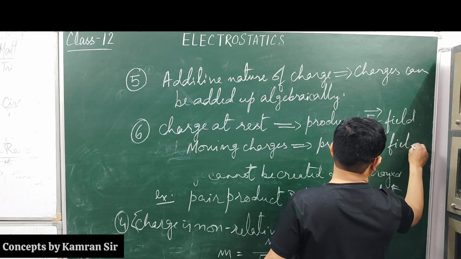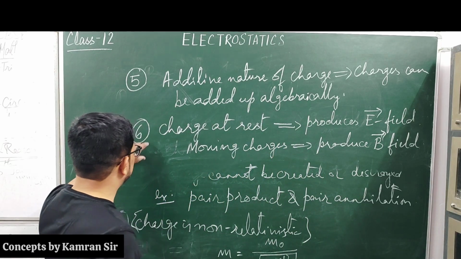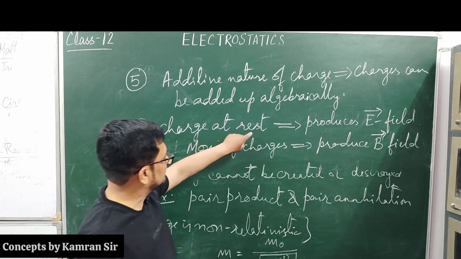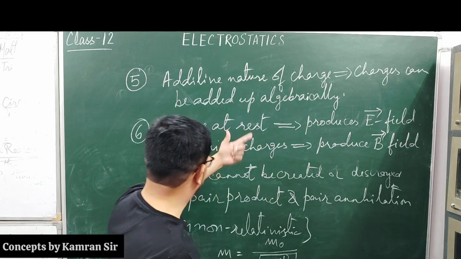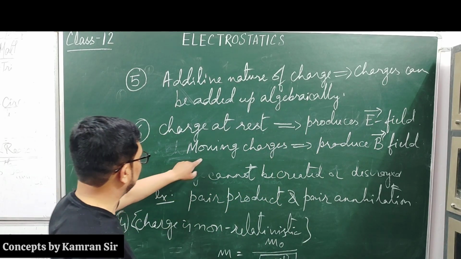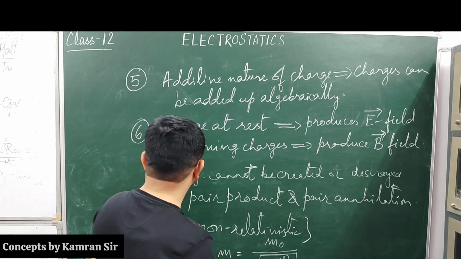We'll be studying this in detail in other chapters, but this is the property: when charge is at rest, it's going to produce an electric field. What is an electric field? We'll come to know later on. Moving charges produce the B field.